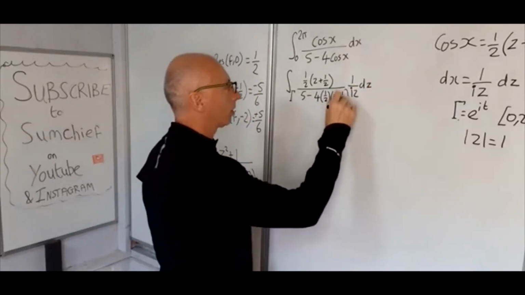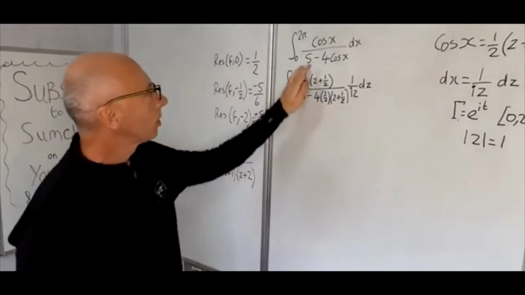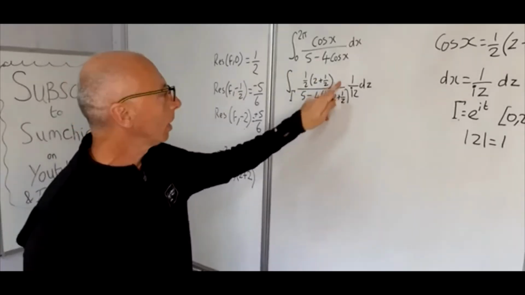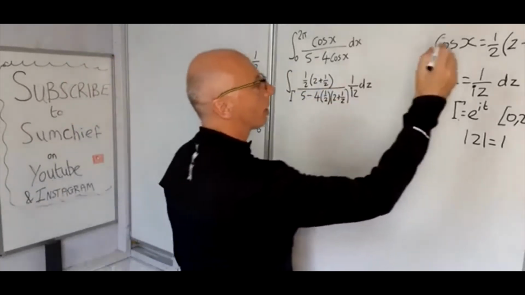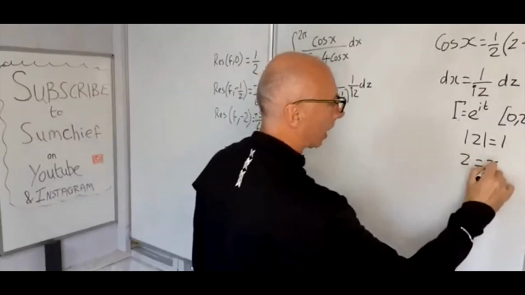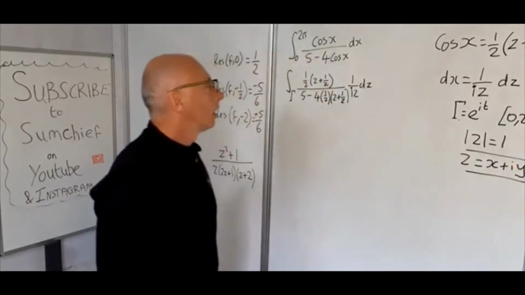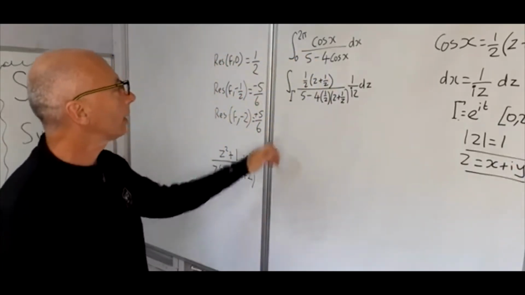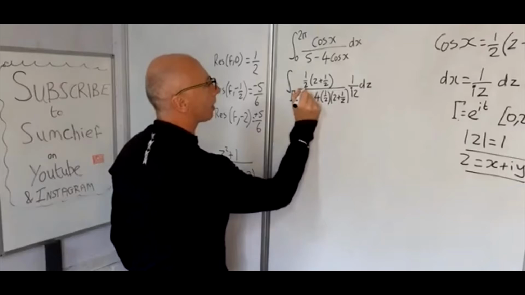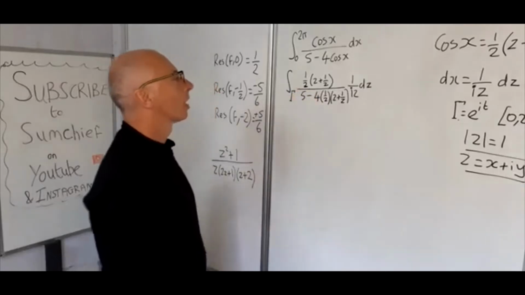Okay, close the bracket. Okay, that's a big change from here. Now we're into complex numbers. So we got z equals x plus iy. Okay, this is a half here, not a z. So very important not to mix that up.